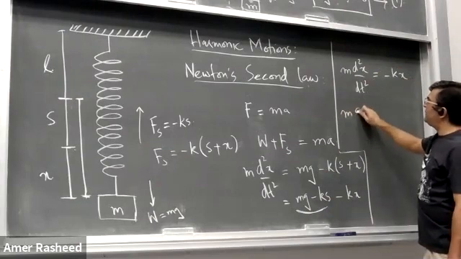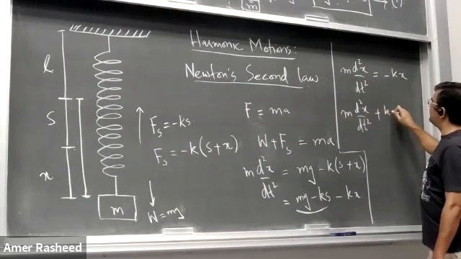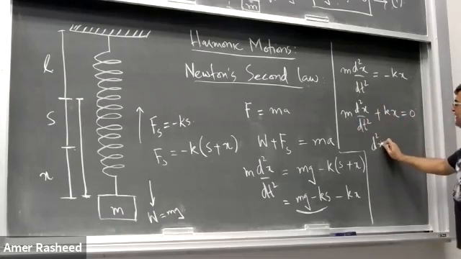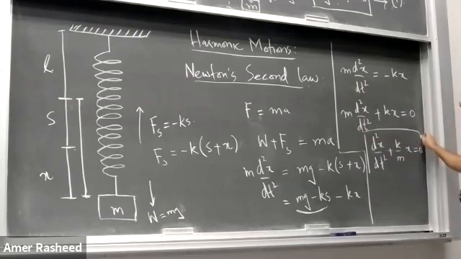Then m d square x by dt square plus K times x is equal to 0. Dividing with m, we obtain d square x by dt square plus K divided by m times x equal to 0.